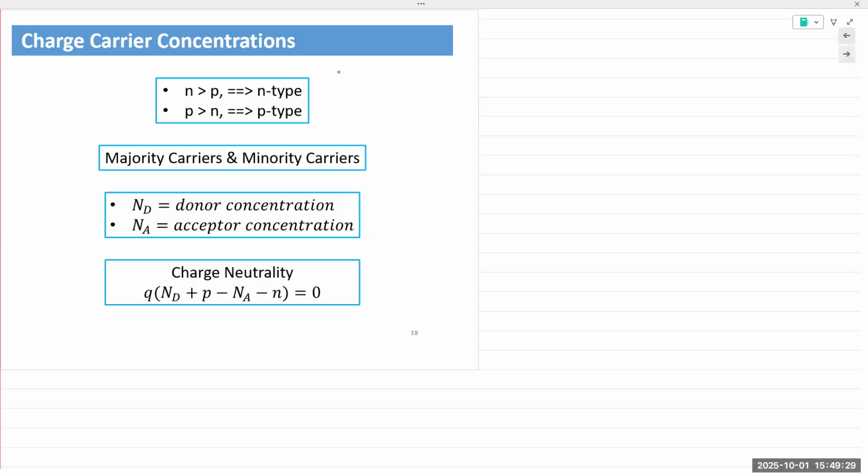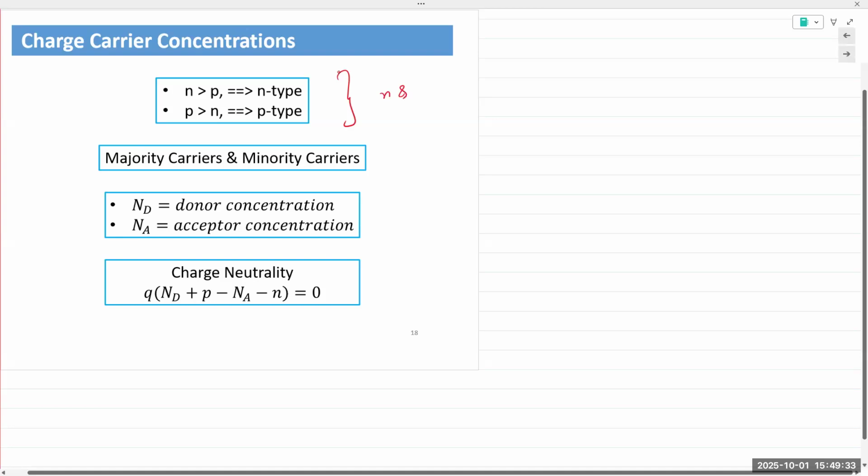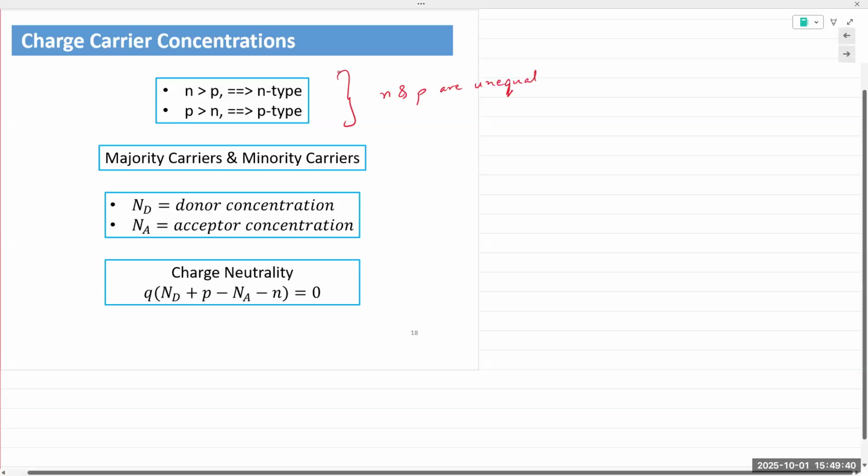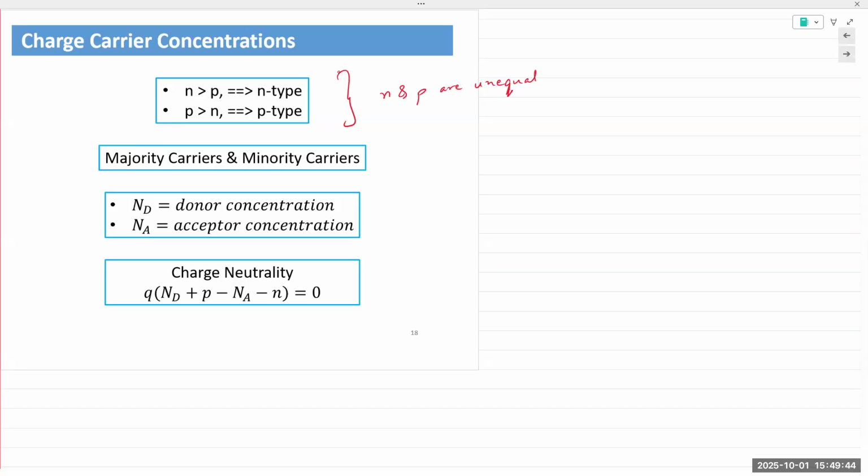Okay. So in this, n and p are unequal. Intrinsic carriers, they are equal, but extrinsically implanted or added on are unequal. And because they're unequal, there are terms that we use known as majority carriers and minority carriers. Okay.